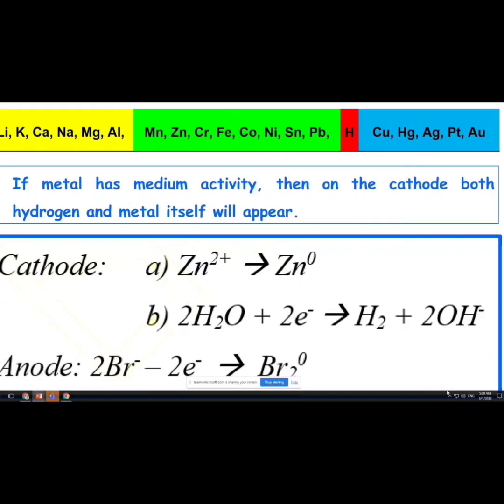They will take 2 electrons, the cathode is negative, and as we said, we will get hydrogen and 2 OH minus. So this is the reaction from the previous case, like in the case of active metals. So we have zinc as a product. We have hydrogen gas, and arrow up. We have OH here.